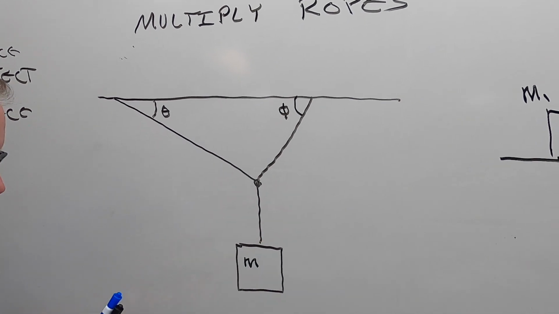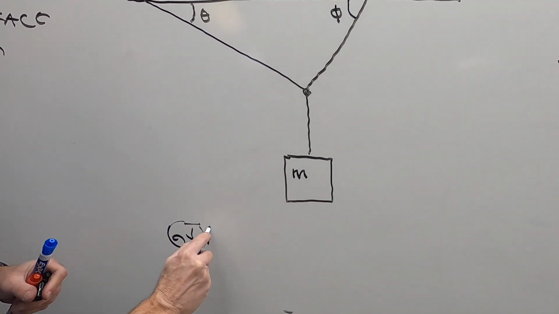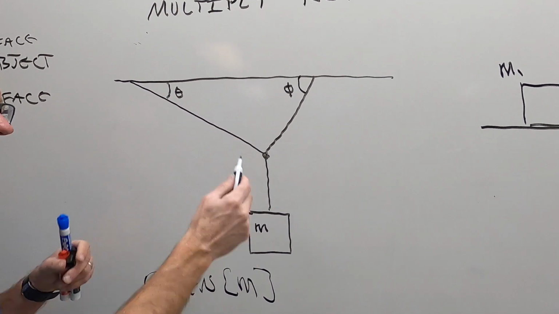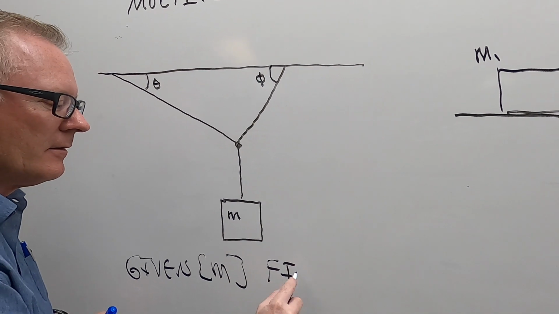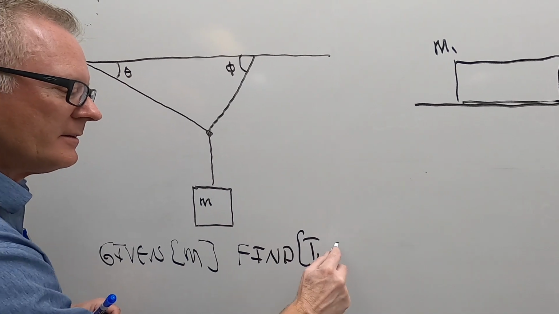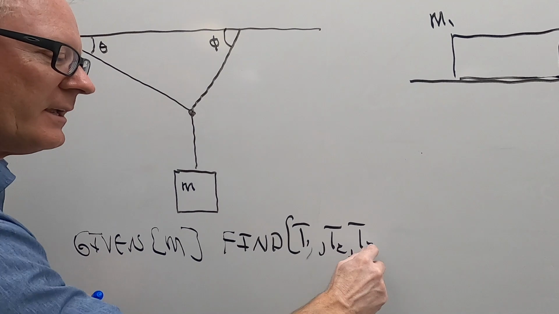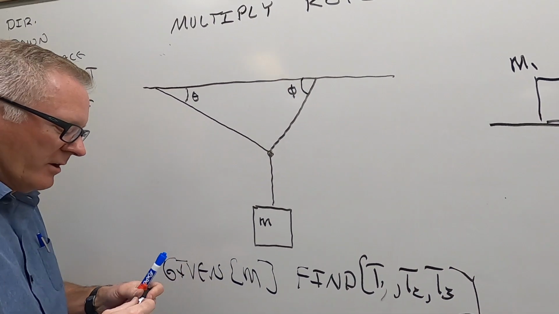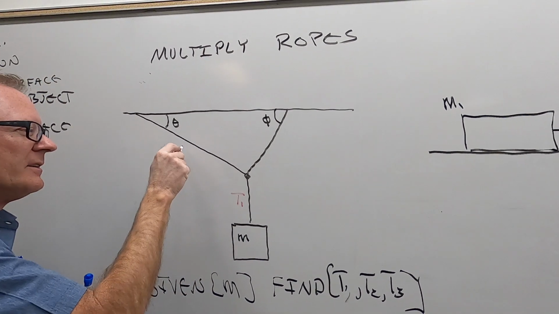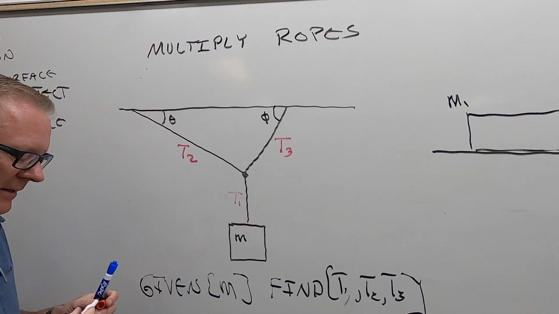Let's say I'm given M, and I want to find the three tensions. We'll call this one T1, this one T2, and this one T3.